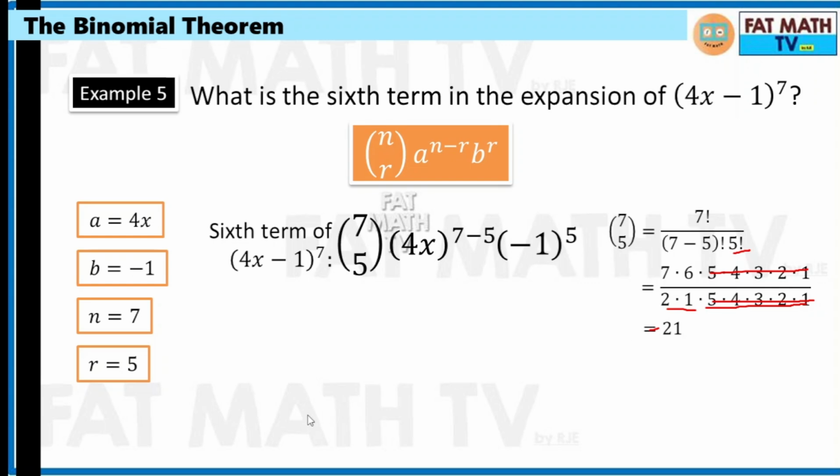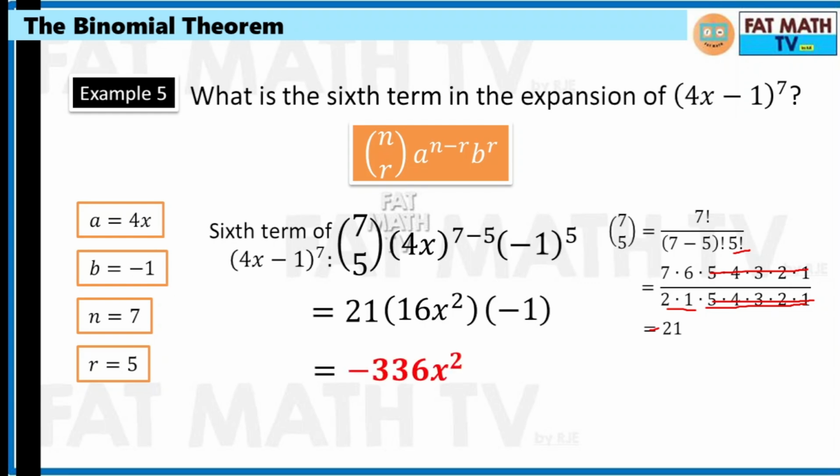Okay, 21. So 7 taken 5 is 21. And then 7 minus 5 here is 2. So 4x squared, that is 4 squared x squared. So 16x squared. Negative 1 raised to 5 is negative 1. So 21 times 16 times negative 1 is negative 336.